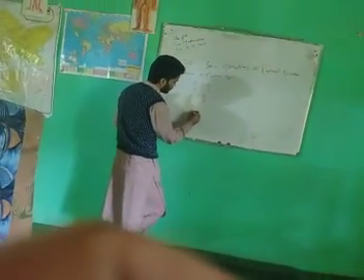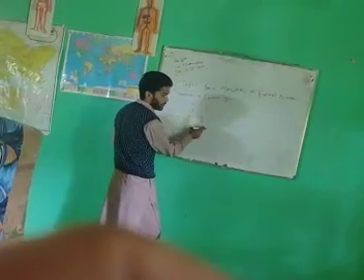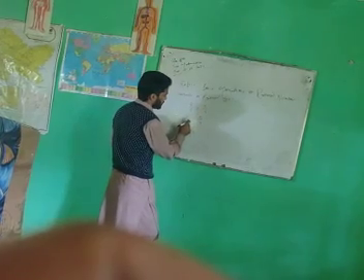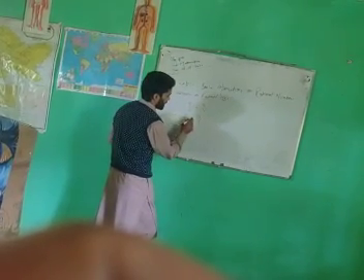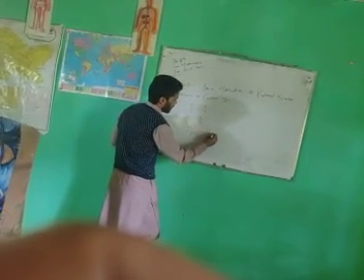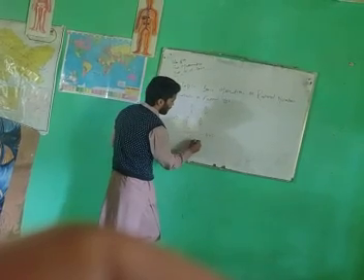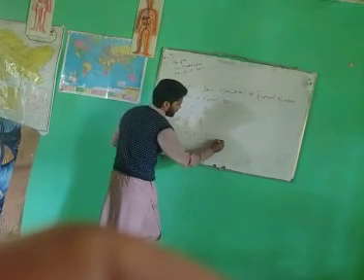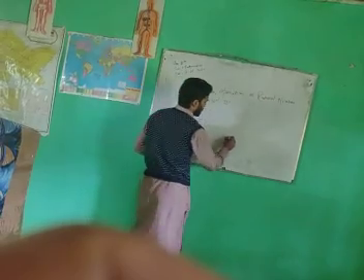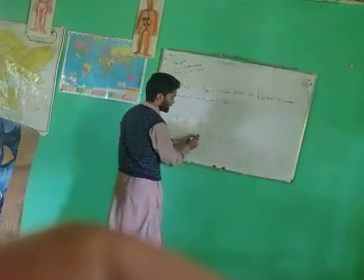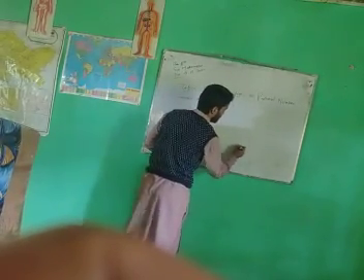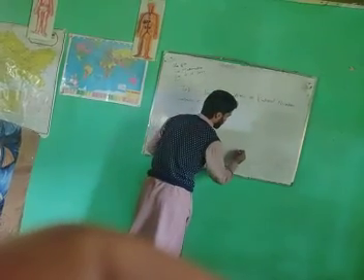This is 9 into 4, numerator into denominator, denominator into numerator, minus, sign is minus, 3 into 5, divided by denominator into denominator, 3 into 4. This will become 9 into 4, 36, sign is the minus, 3 into 5, 15, divided by 3 into 4, 12.